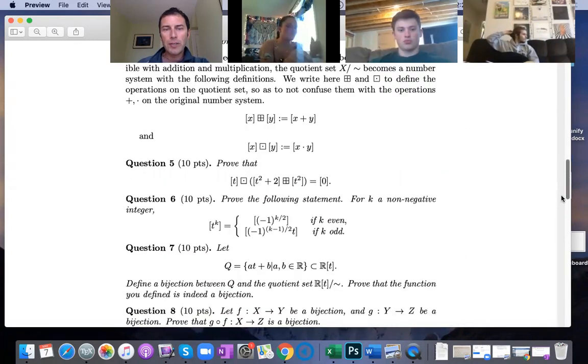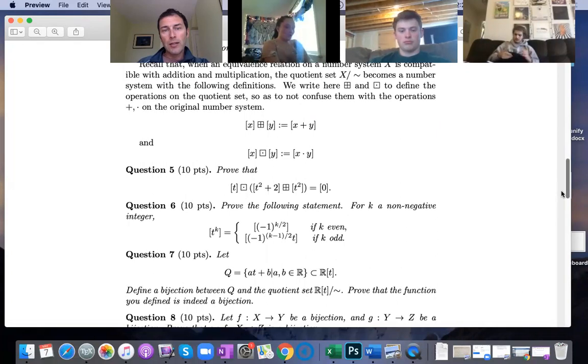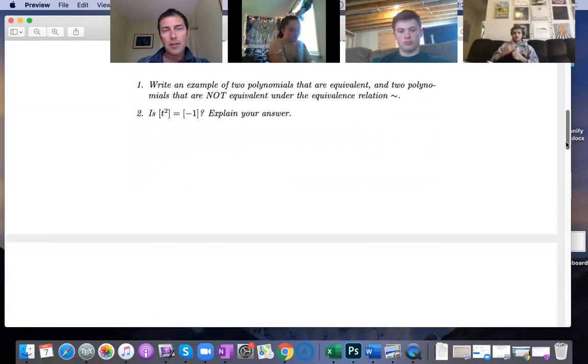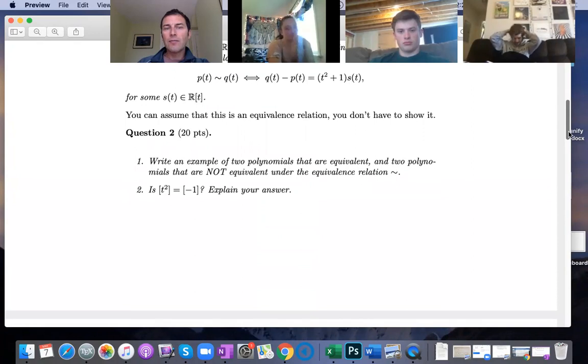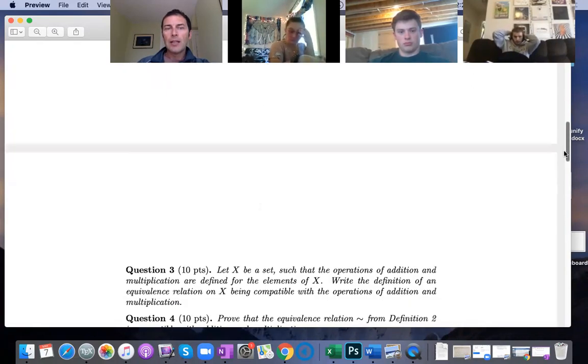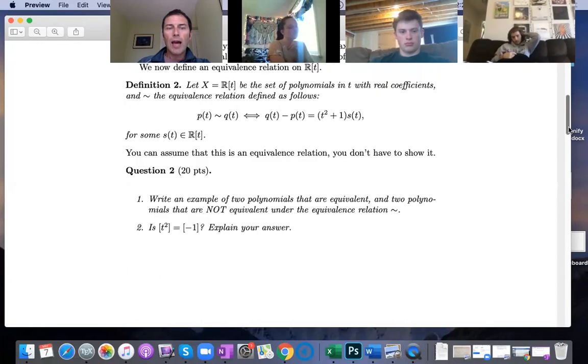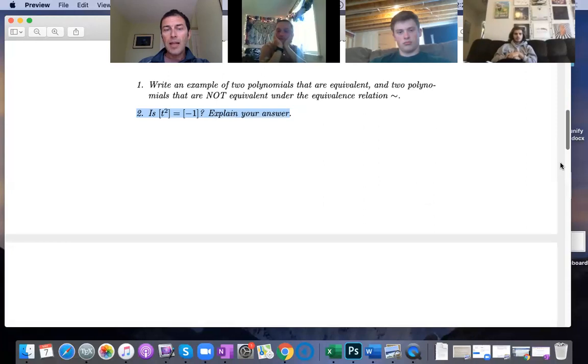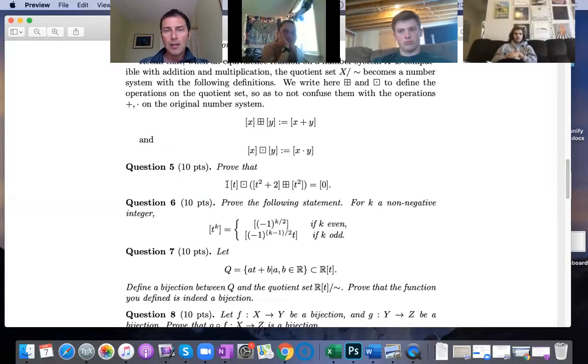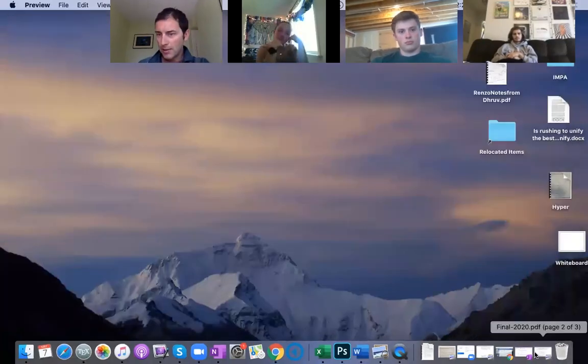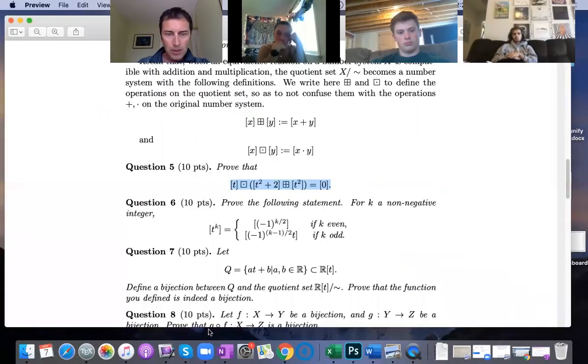It's using definition number 2, but it's also using some of the things that you've done before. So we have right here a question that says, is t squared and the number -1 related somehow? And then you have the fact that you can do algebra with these things. So in particular, what I wanted to do is this.